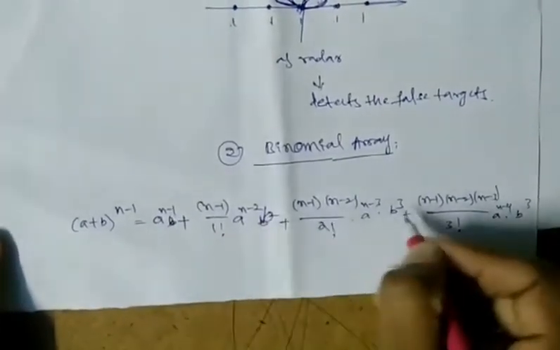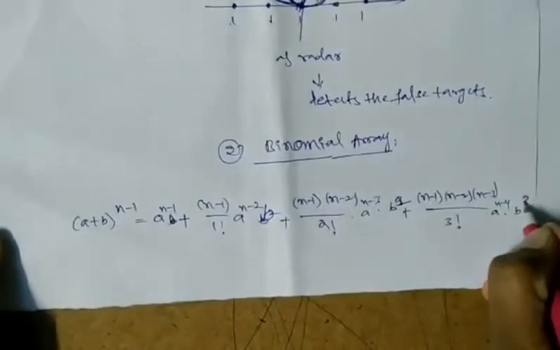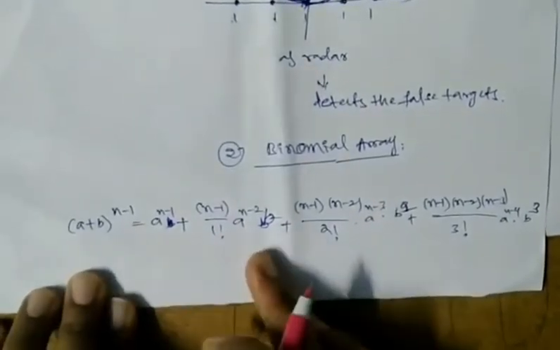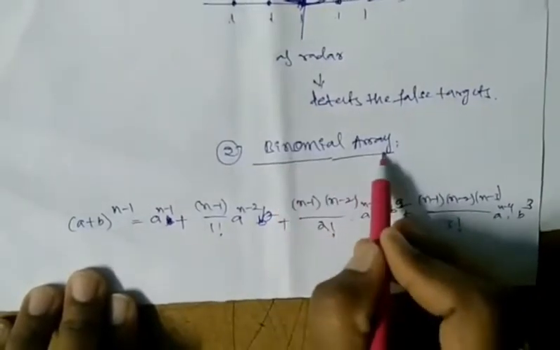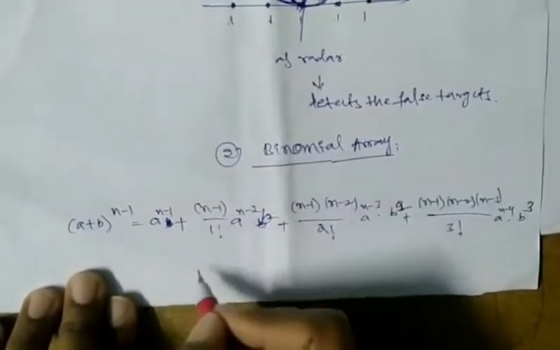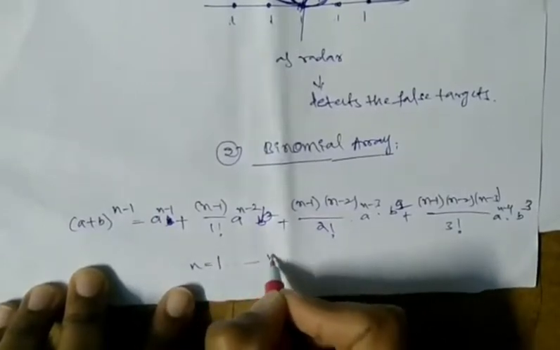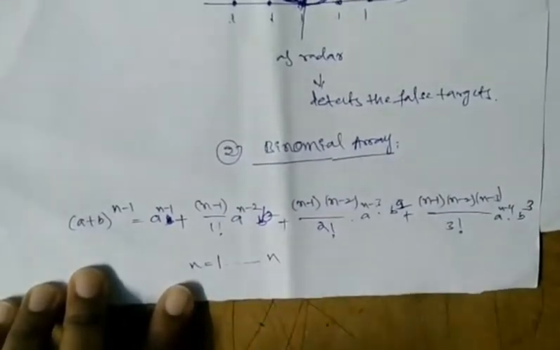Here this term has b, this one has b square, and this one has b cube. Like this we represent the binomial array. Here n is nothing but the number of point sources in the antenna array, from 1 up to n.